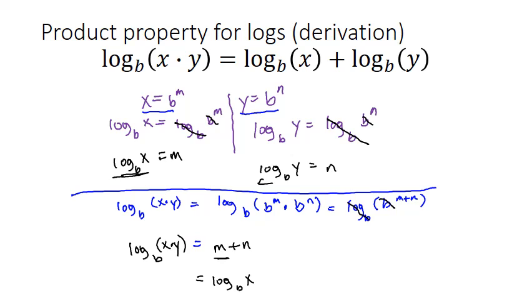And that n was the same as log base b of y, so we're going to replace this n with log base b of y. So what we know is that log base b of x times y can be separated as log base b of x plus log base b of y.